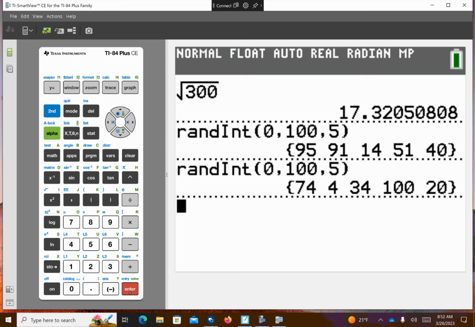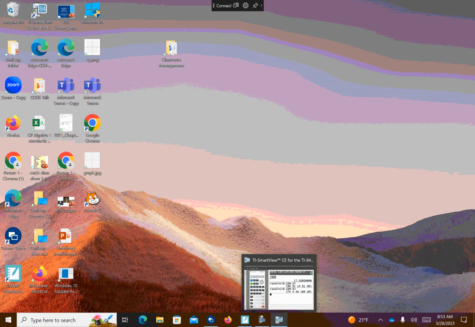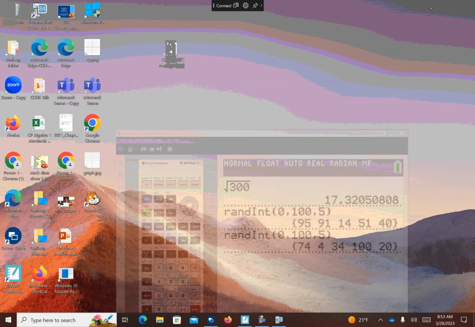Now, if I cleared out everything on here and did it again, because I've already run the iteration once since the calculator's been on, it's not going to give me the 95, 91, 14, 51, and 40. But if the first time I use it for the day, you turn your calculator on, hit the random integer 0 to 100 and you chose 5 of them, it would still give you the same random numbers, which is crazy. So then TI started realizing, oops, there's a default in our function.